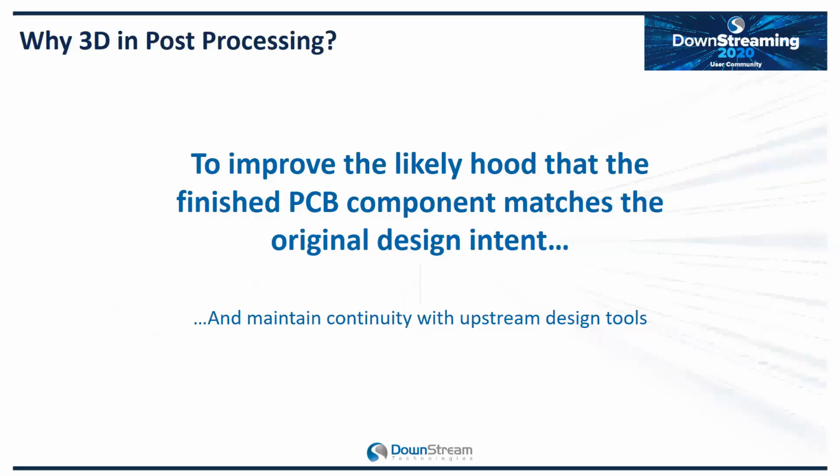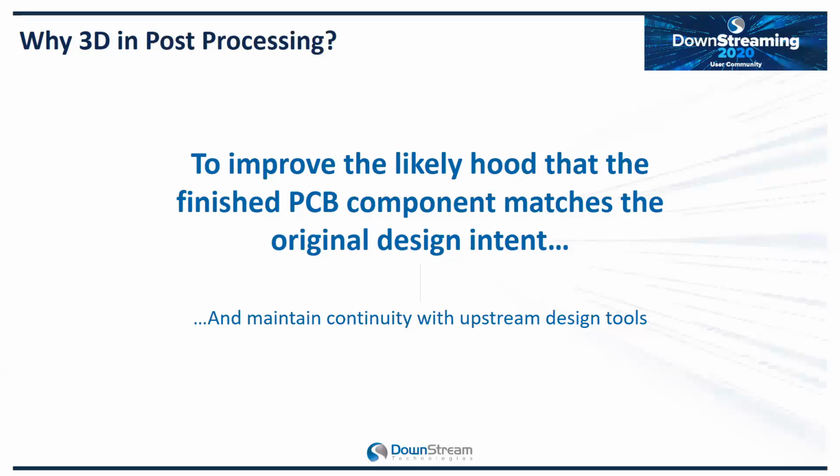So why 3D in post-processing? The biggest reason is we felt that anything that can improve the likelihood that the finished PCB can match your original design intent was a good idea and something worth investigating and developing. The second reason was that 3D is used a lot now in PCB design.